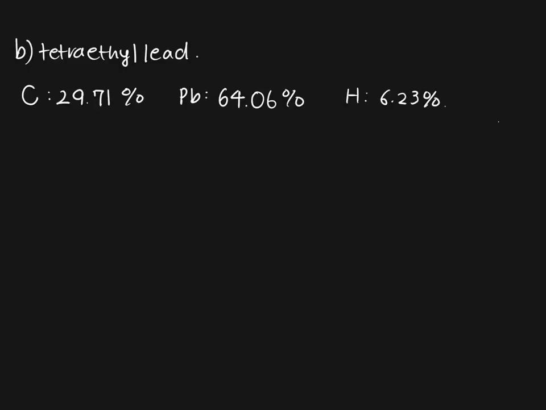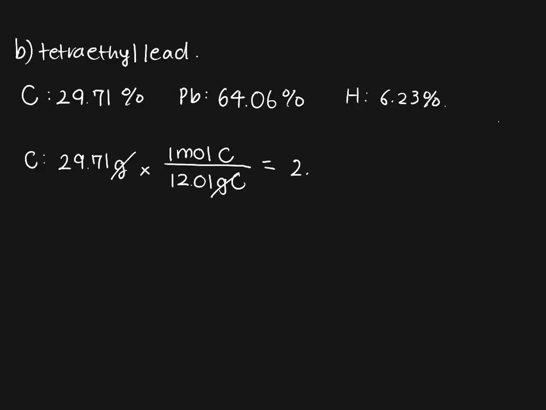So for carbon, 29.71 grams times 1 mole over 12.01 grams of carbon. Grams cancel out, and then we get 2.47 moles of carbon.